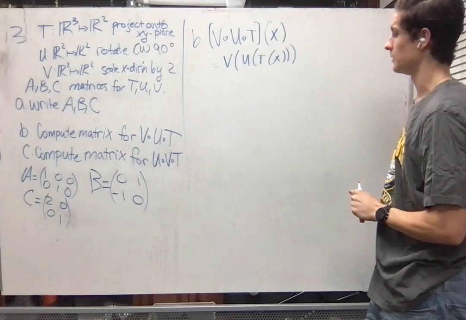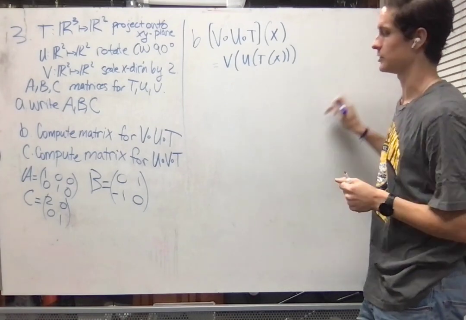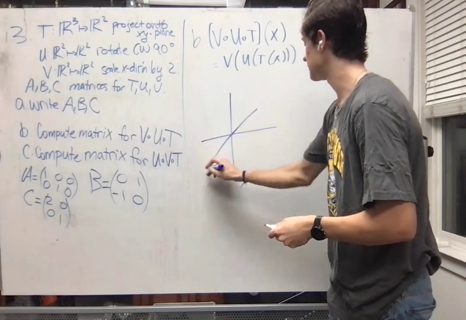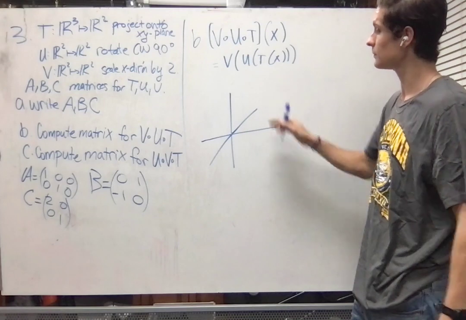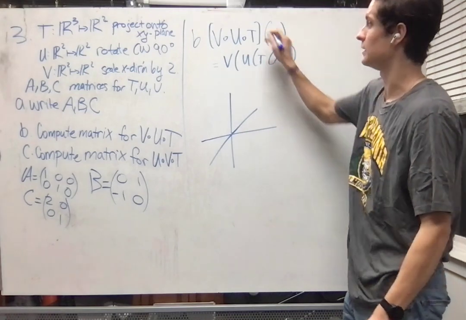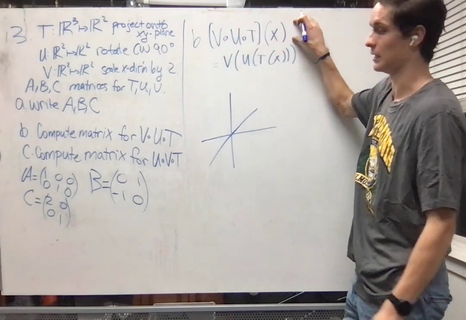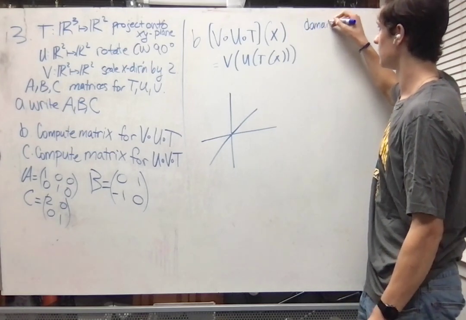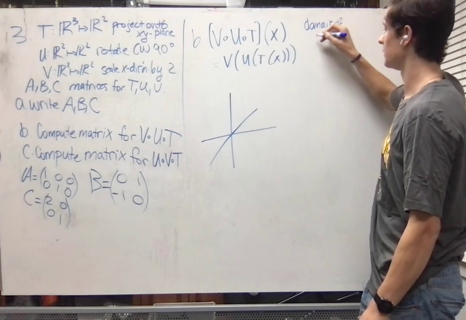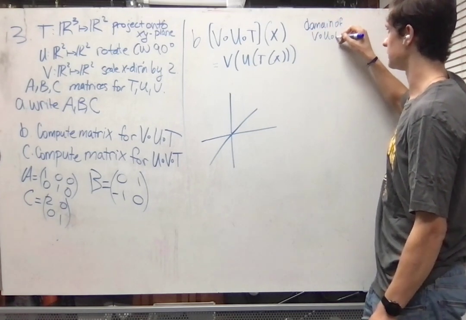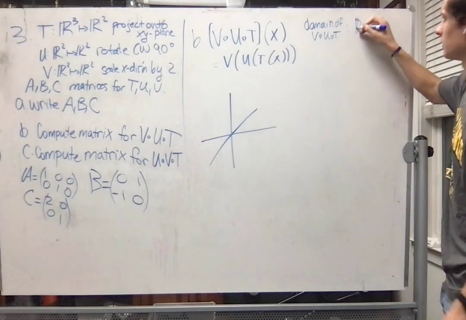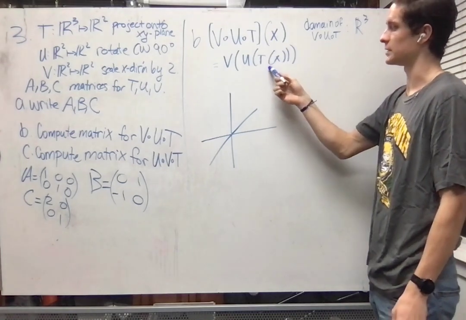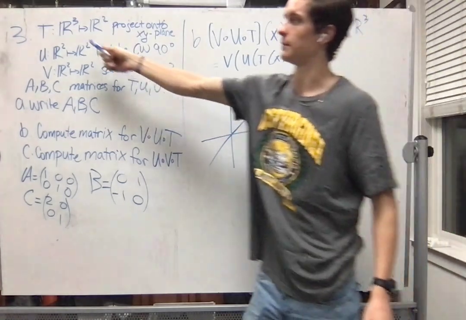Okay? So if we think about this transformation, first we're going to start in R3. Since T happens first, the input of this composition function has to be in R3. So let's write that down. The domain of V of U of T is R3, because any input to this function has to be in R3, since T happens first.